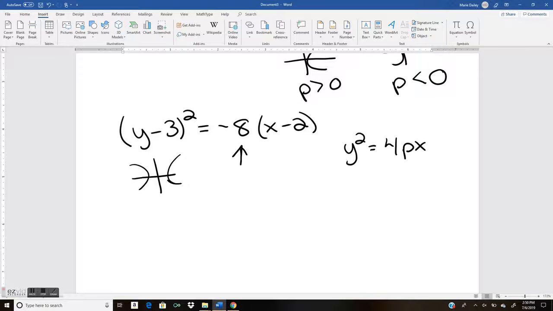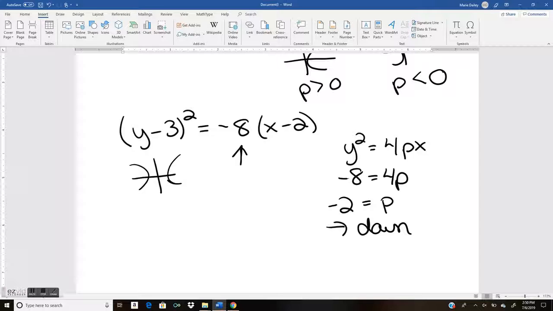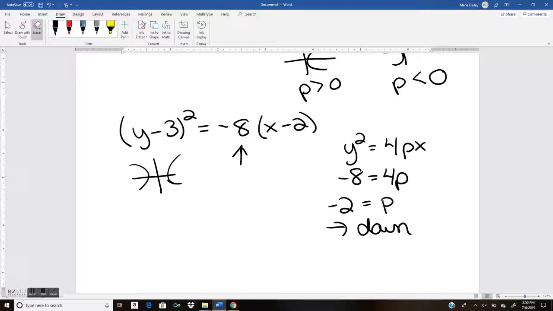So in this case, negative 8 has to equal 4p, which means p is negative 2, which means the graph is going to open downwards. I lied. That means that the graph is going to open to the left. My apologies on that.